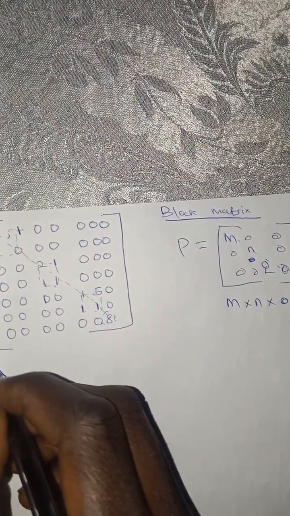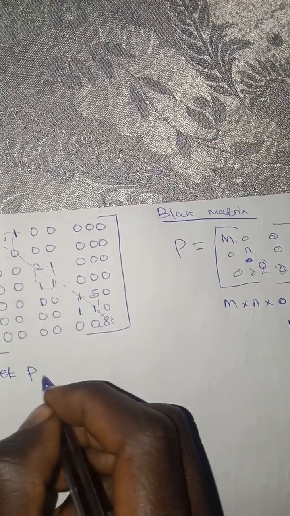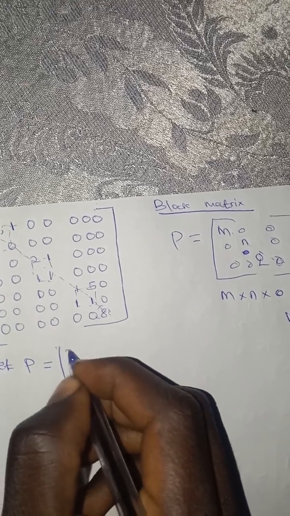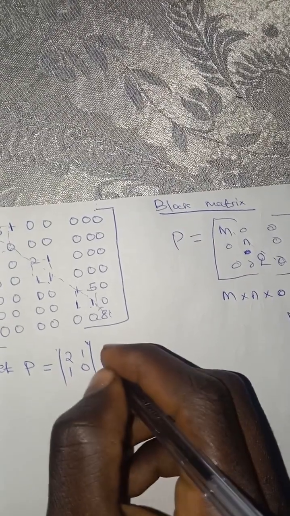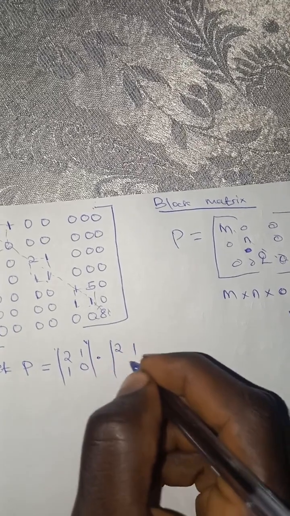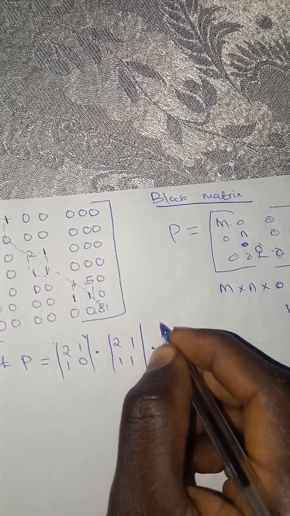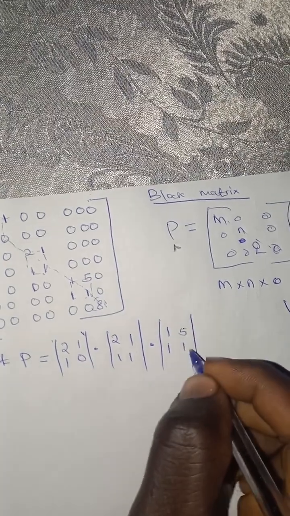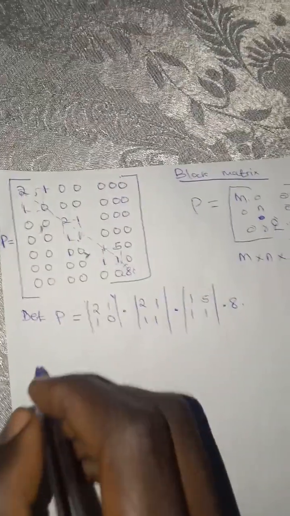So the determinant of P equals the determinant of 2, 0, 1, 1, multiplied by the determinant of 2, 1, 1, 1, multiplied by the determinant of 1, 1, 5, 1, then multiplied by the determinant of 8, which is obviously 8.